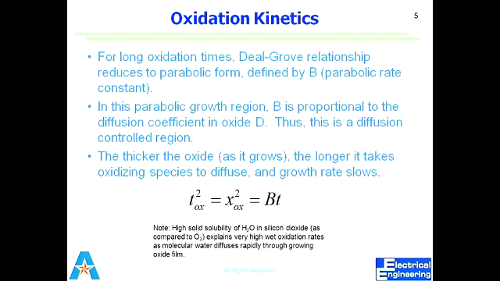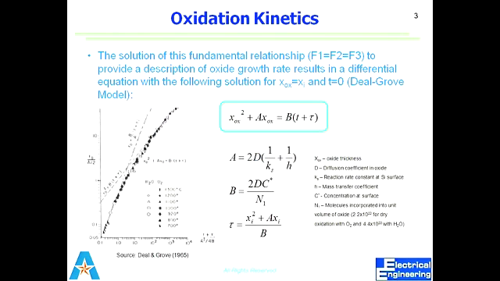And similarly, if I'm talking about a thin layer, meaning T is less than or equal to tau, then if the time is very small, X oxide is very small. If X oxide is very small, what can be ignored? This X square can be ignored. So from that relationship, if X oxide square is ignored, I'll have AX equal to B, T plus tau.